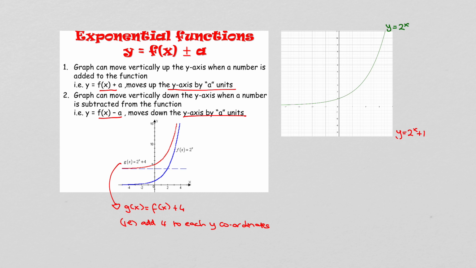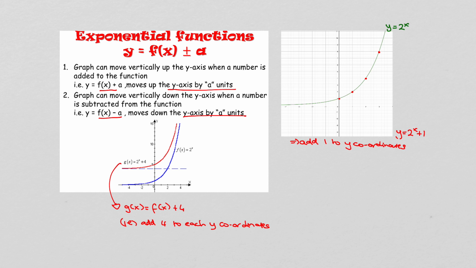In other words, we would be adding 1 to the y coordinates. So what I can do is pick a couple of points on my graph. We could go out to 0 and up to 1, out to 1 and up to 2, out to 2 and up to 4, and out to 3 and up to 8. That would give me enough coordinates to sketch my new graph.